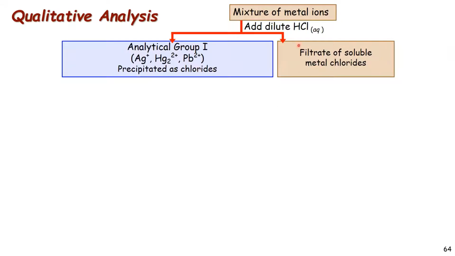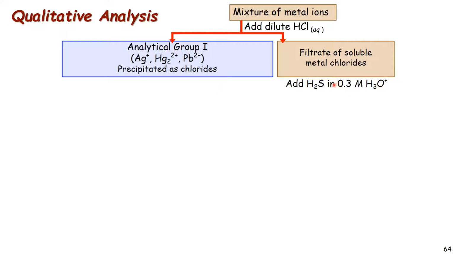Then I'm going to filter this mixture after adding the dilute HCl, so that I catch the solid silver, mercury, and lead chloride in a filter, remove it, and what's left is called the filtrate. The filtrate is going to contain whatever other metals are actually in the solution, so all soluble metal chlorides, all the other metal ions that are in solution.